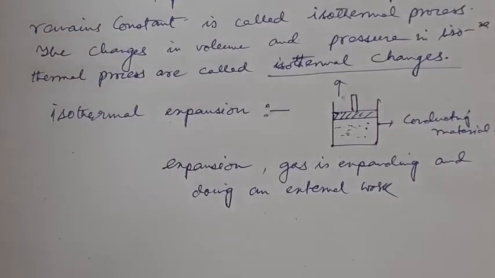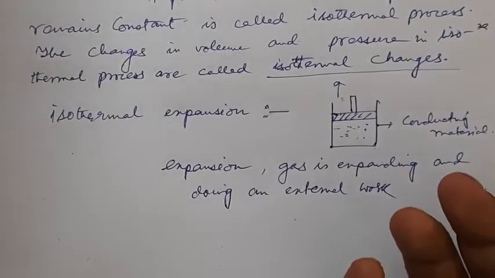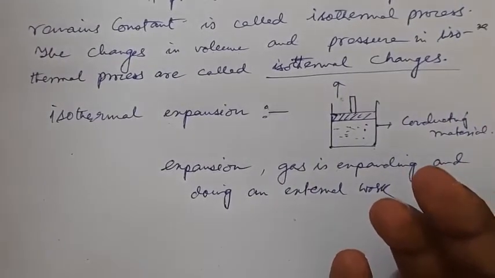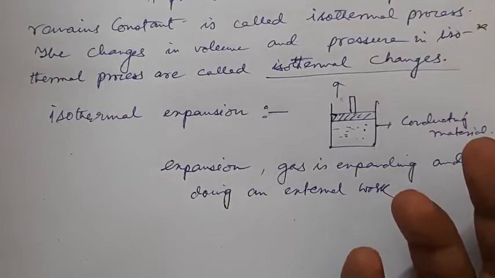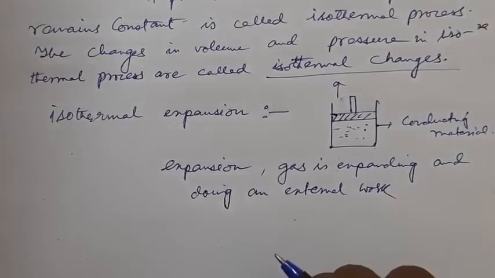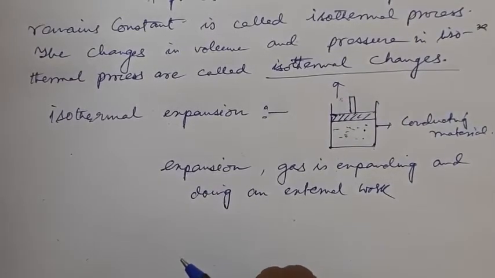Now, how is the gas doing the work? Because we all know that we need energy to do work. So where is the gas getting the energy from to do work? The gas is getting the energy from its own stored internal energy.